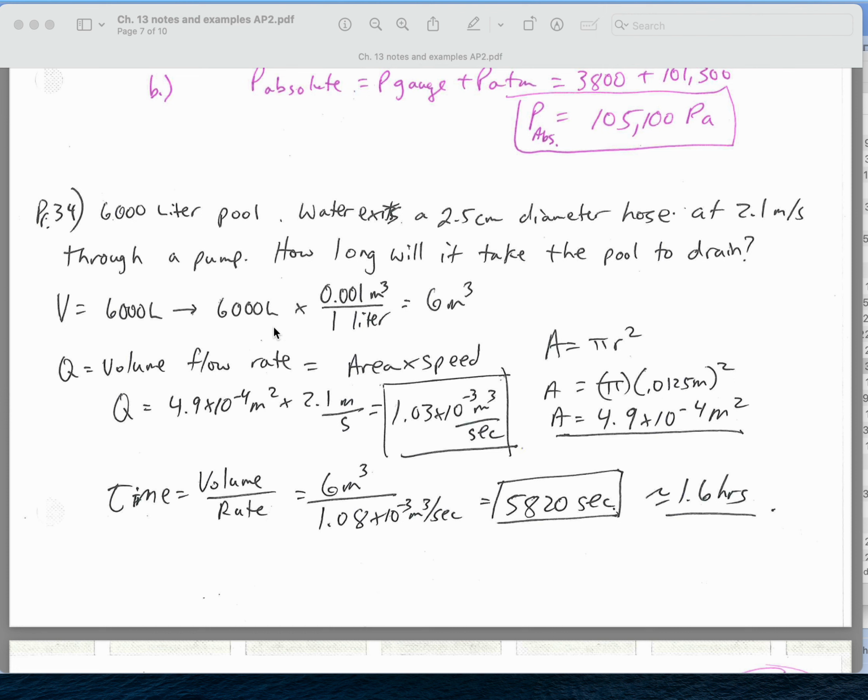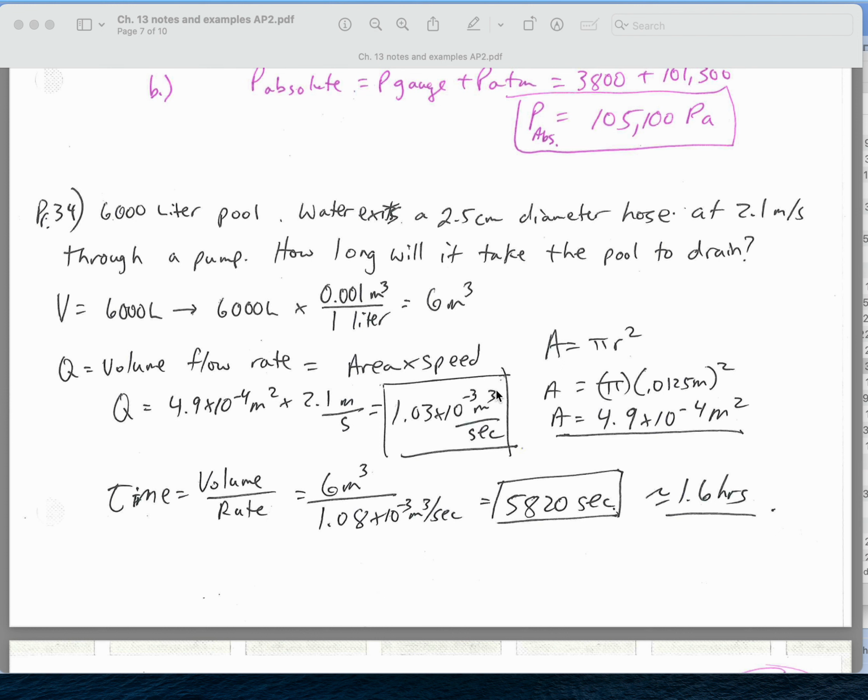A liter is 1,000 milliliters, and you could also think of a liter as 1/1000th of a cubic meter. If you're not sure about how to do that, I understand, but you would want to get this in cubic meters.